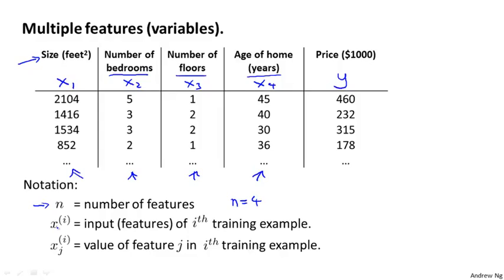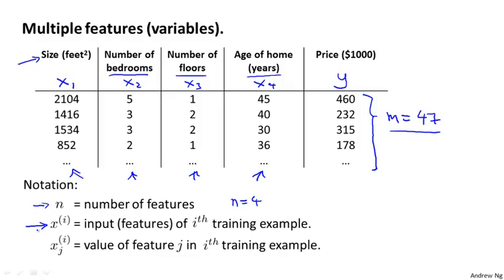And n is different from our earlier notation where we were using m to denote the number of examples. So if you have 47 rows, m is the number of rows in this table, or the number of training examples. So I'm also going to use x superscript i to denote the input features of the ith training example.